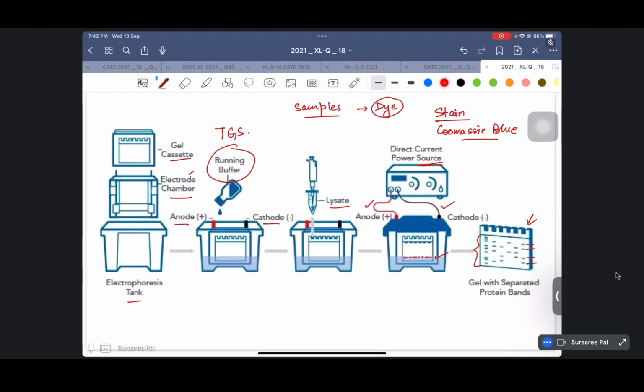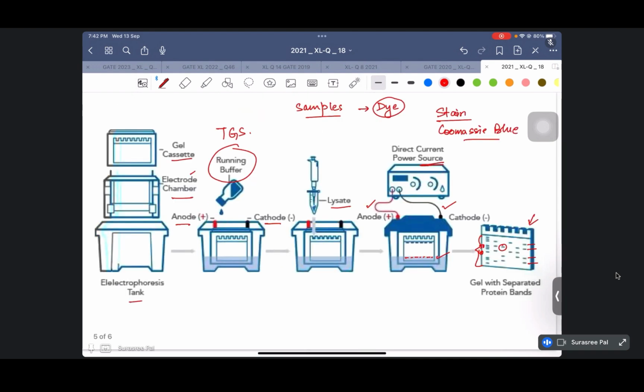Because if you know that your protein is, suppose, 50 kilodalton in weight, and according to the marker this is 40 and this one is 50, and you notice that your protein band is here, then the band which has formed with respect to 40 or 50 is your protein of interest, because you would know the molecular weight of your protein. So that is how the whole SDS-PAGE is done.